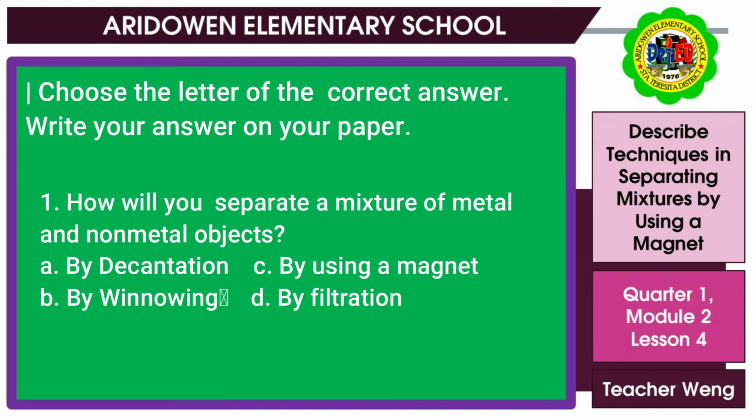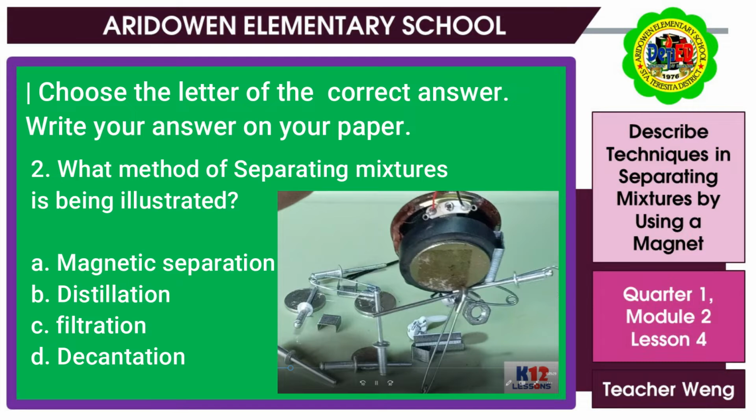Number 1. How will you separate a mixture of metal and non-metal objects? The correct answer is letter C, by using a magnet. Number 2. What method of separating mixture is being illustrated? The correct answer is letter A, magnetic separation.